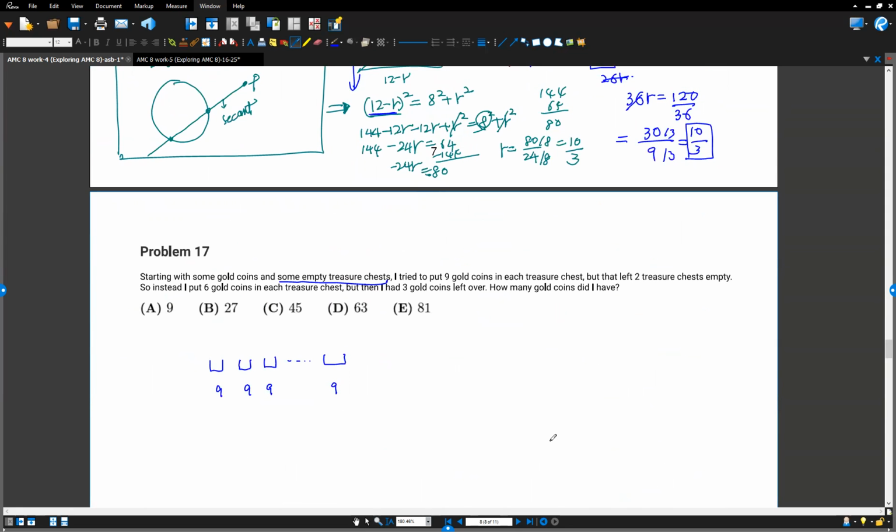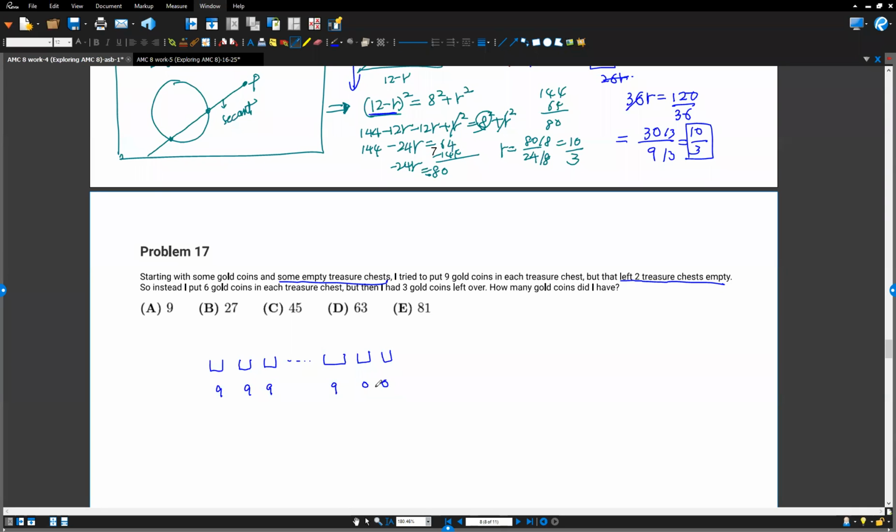All right. So when you assign 9 coins to each chest, they leave 2 treasure chests empty. This is empty. 2 treasure chests have nothing.